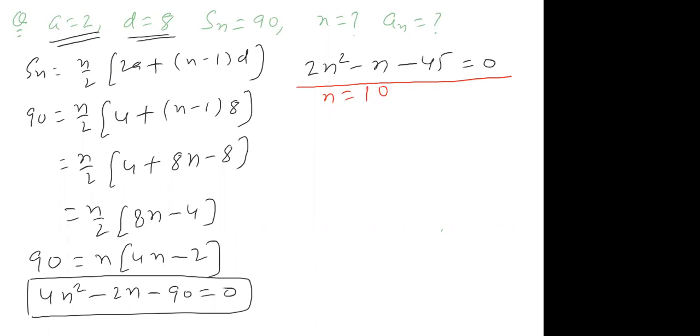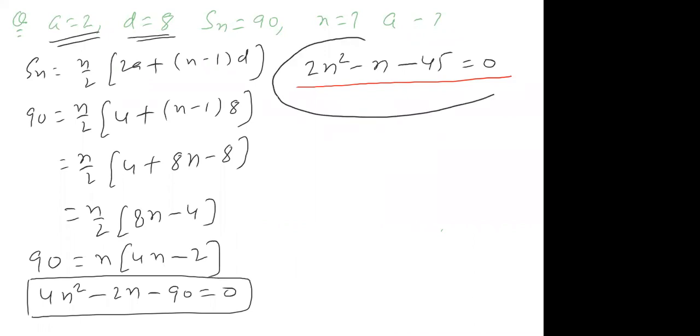So you will get 2 into 100 minus 10 minus 45, or 9 will be there. Okay, so leave this here. This is some equation we are getting, and the solution of this equation will be n.